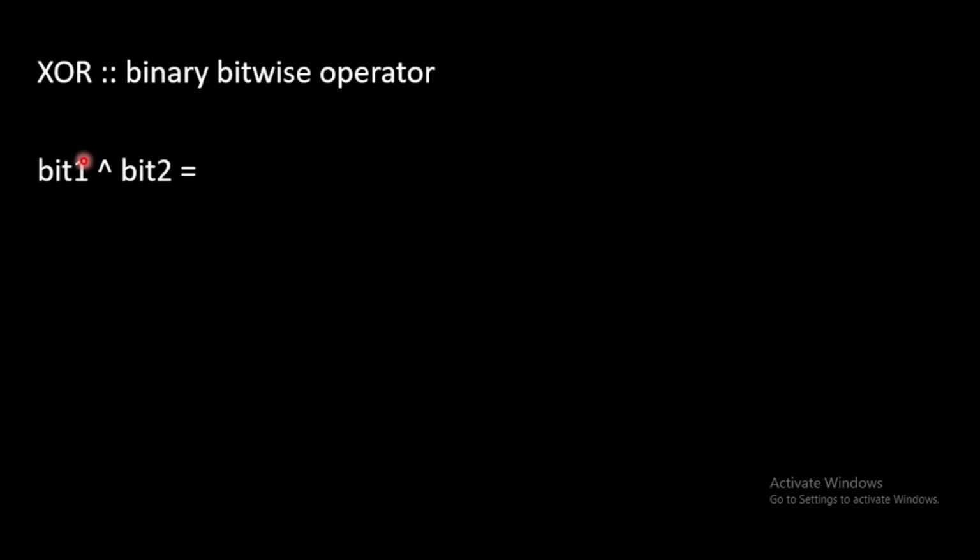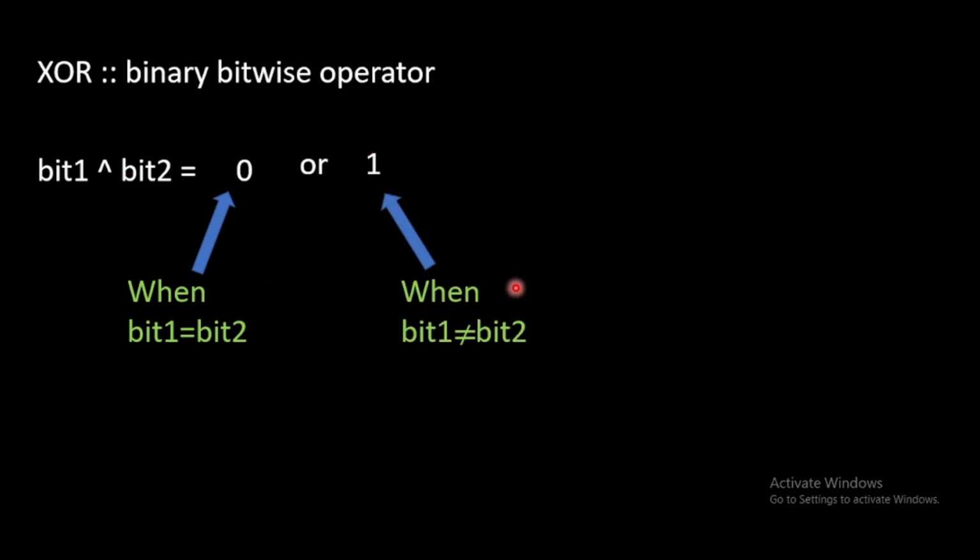This means that each time the XOR operator operates on 2 bits. If the 2 bits are the same, then it will give output 0. And if the bits are dissimilar, then it will give output 1.